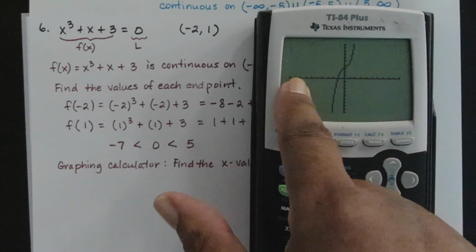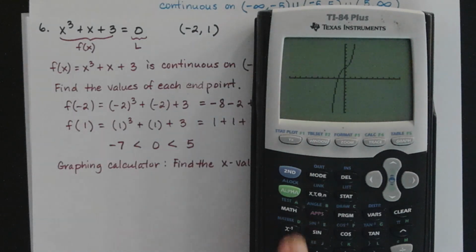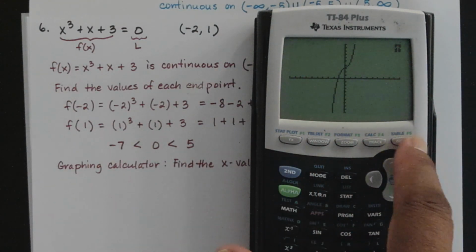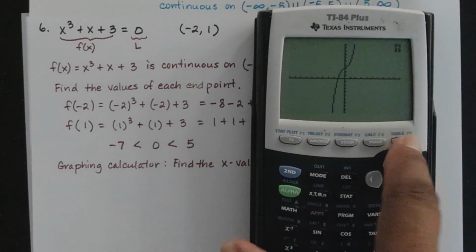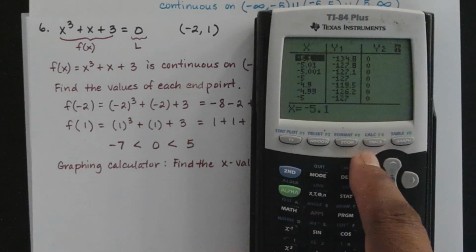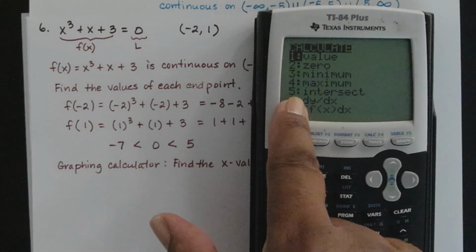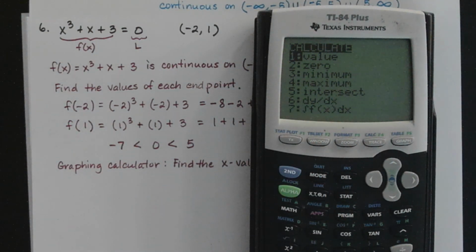So I'm trying to find the intersection of these. Press second and graph. No, take that back. Second trace, second trace for the calculate menu. Then I'm going to select number 5 for the intersection of those two.